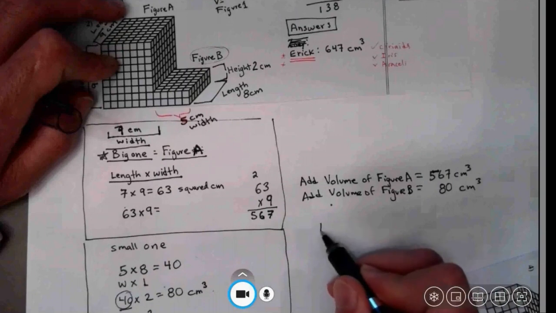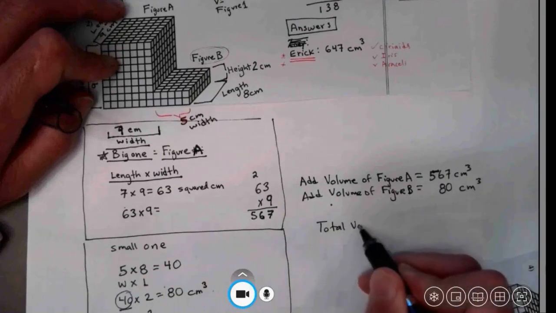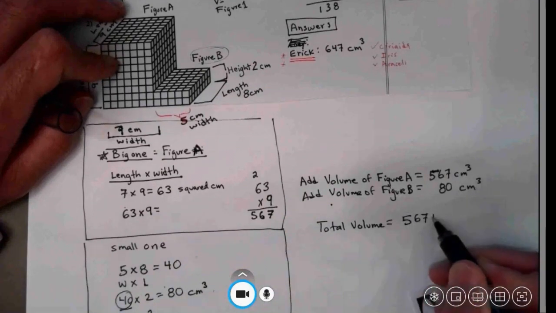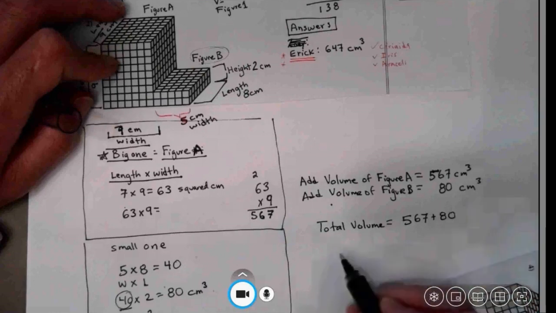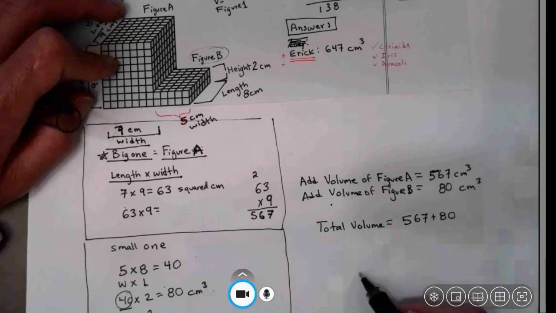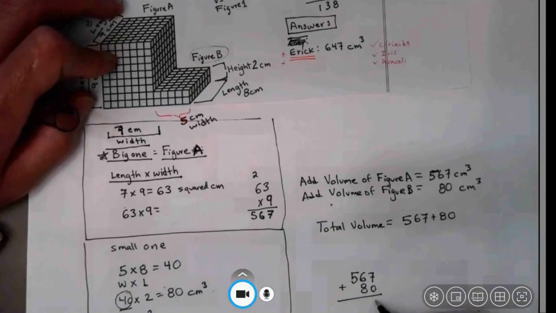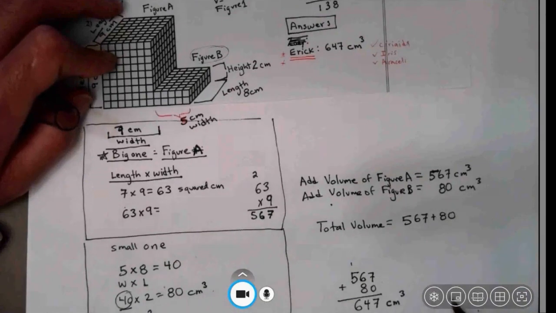Then you go like this: total volume is 567 plus 80. Is that right? And then you can do the standard algorithm and put it here, 567 plus 80. What did it give you in total? 647. Okay, 7, and then you got 4. 647 what? Cubic centimeters. All right.